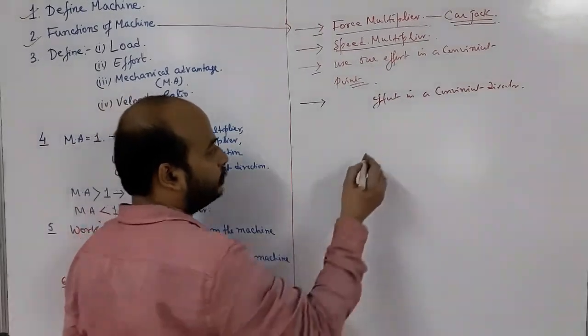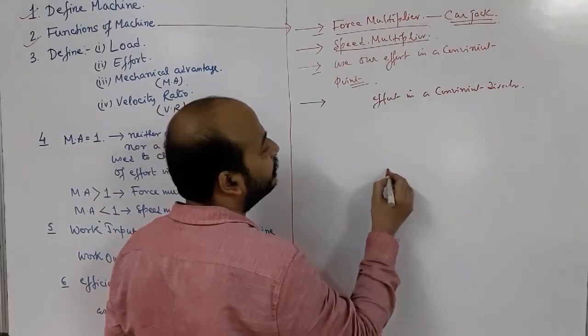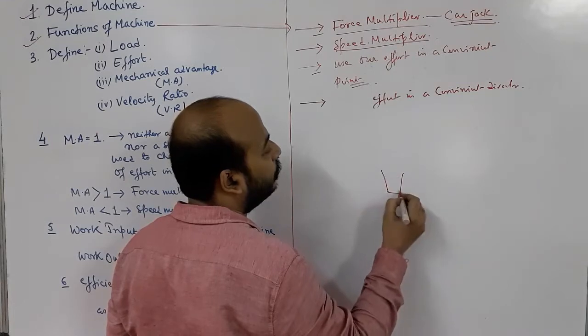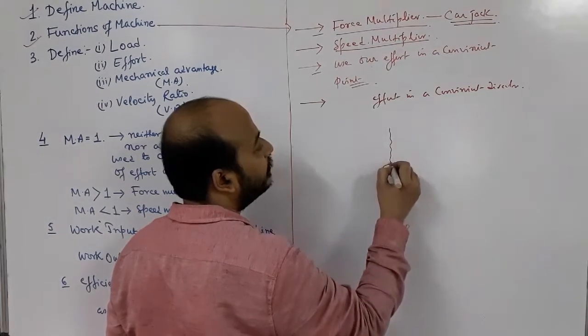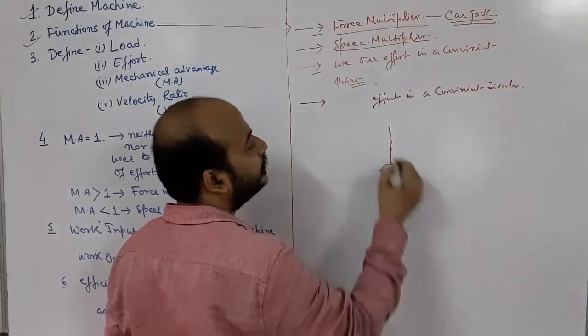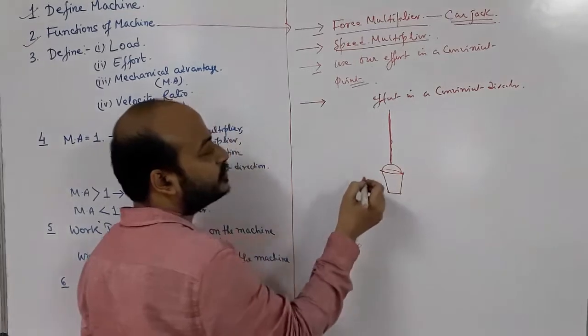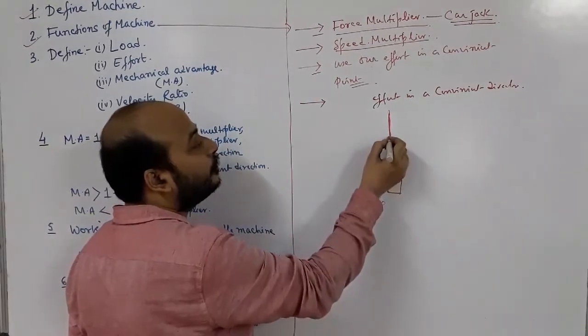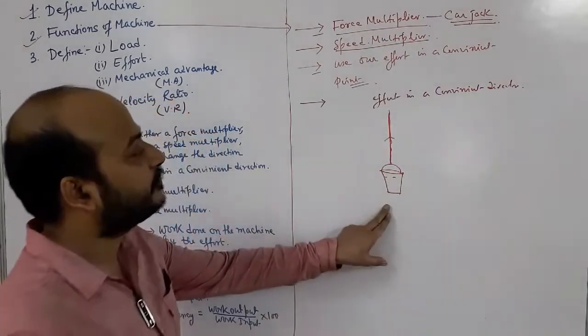A very good example of this is a single fixed pulley. You can see that when we draw a bucket from a well by using a rope, in this case we have to use our effort in the upward direction to lift the bucket from the well.